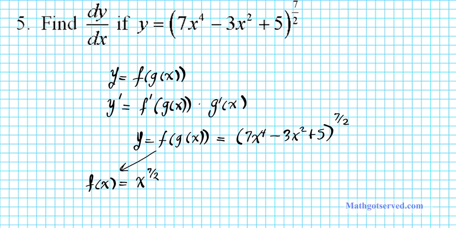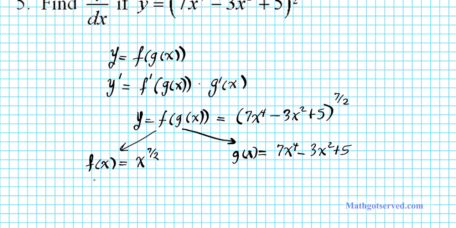Okay, so that's f of x. That leaves me with g of x equal to 7x to the fourth minus 3x squared plus 5.